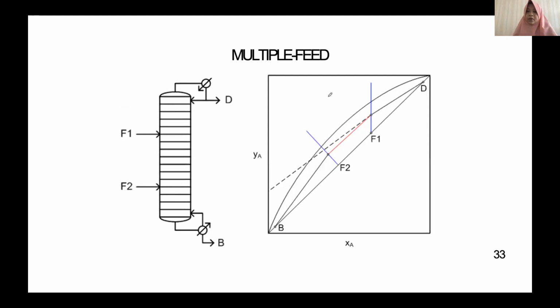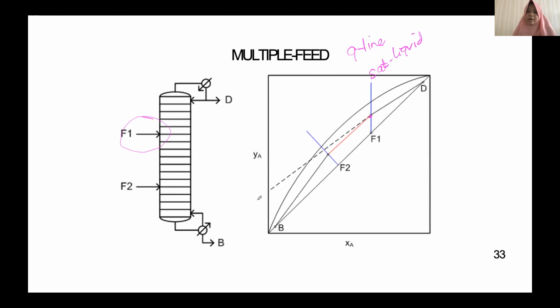For example, you have this line here, and then you add feed number one there, over here. And then what happens is the liquid would be much higher, for example, because this is saturated liquid. So just think of the Q line, and this is the saturated liquid.